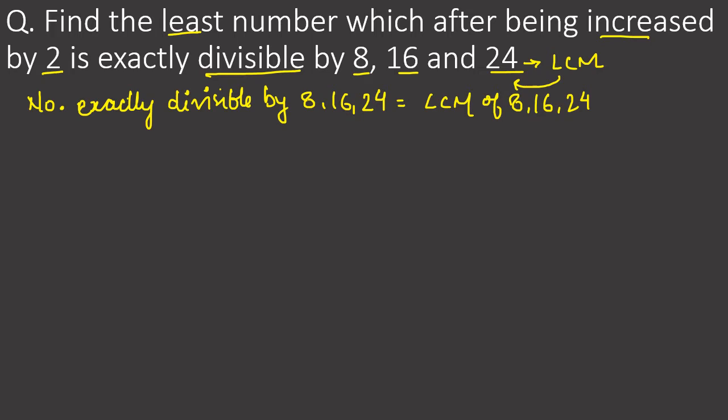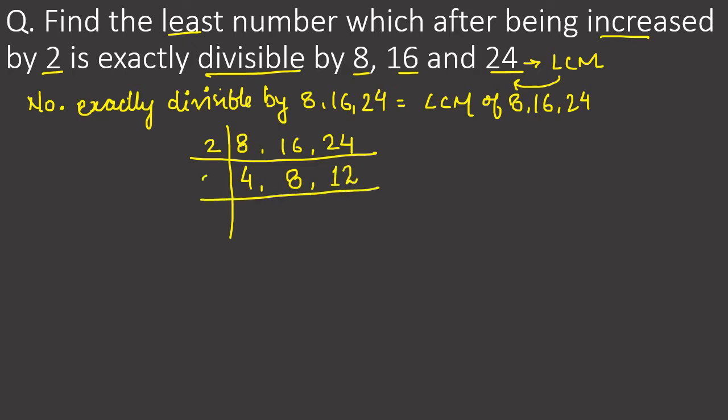Now let's find the LCM of 8, 16 and 24. So we can divide these numbers by 2. 2 4s are 8, 2 8s are 16 and 2 12s are 24. Again divide the numbers by 2. 2 2s are 4, 2 4s are 8 and 2 6s are 12.